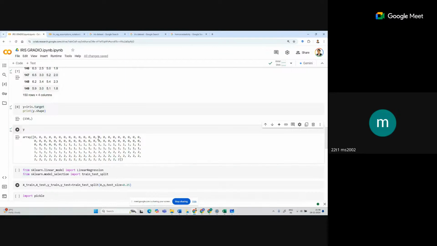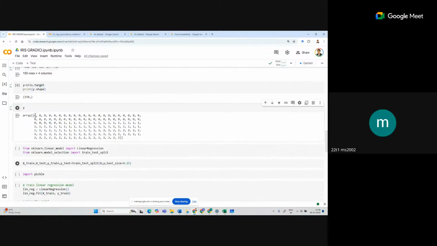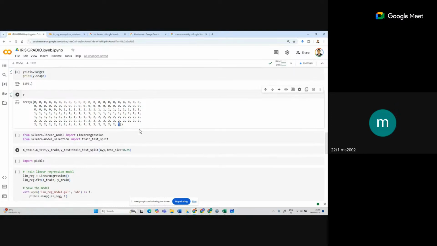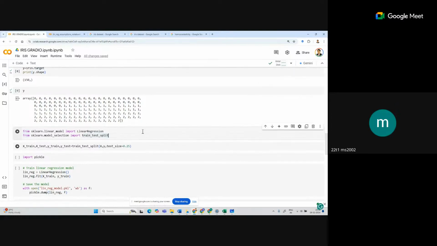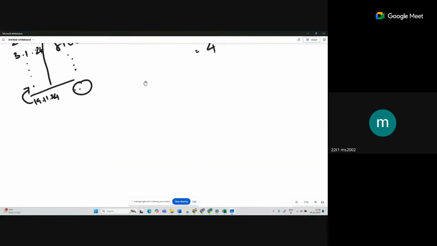Is that clear? Given these dimensions, you have to predict whether it is setosa, virginica, or versicolor. Is the problem statement clear? Any doubts on the problem statement? I can explain that once again. What problem is this? Under the umbrella of supervised learning, which category does this come under? Multi-class classification.